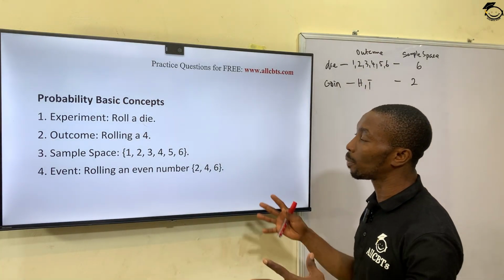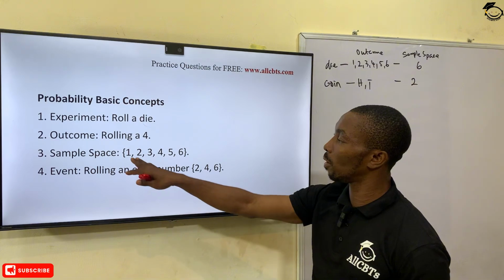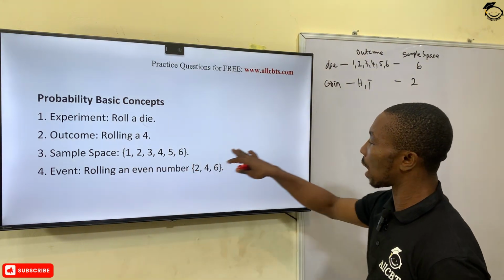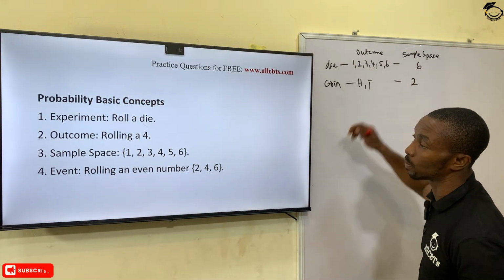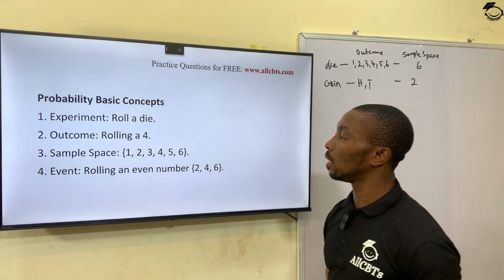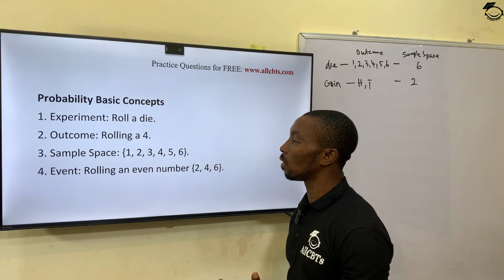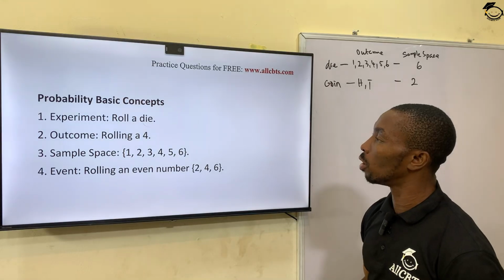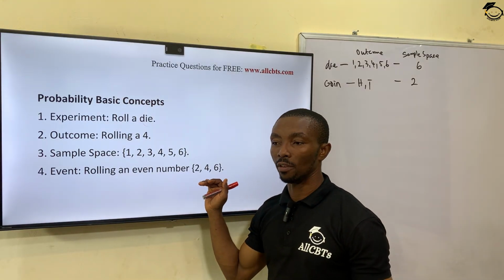Our sample space is the numbers between 1 to 6, which gives us 6 as our sample space. Then an event is rolling of an even number. That means we have more than one outcome to form our event.